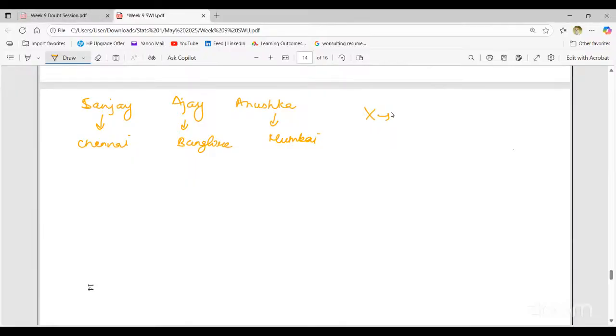Now, I have three people and three cities. So I need to find out the number of employees assigned to their favorite: Sanjay is assigned to Chennai, Ajay to Bangalore, Anushka to Mumbai. So what are the values that X can take? First of all, I can have a case where I have not assigned any person their favorite city. Can I have such a case?